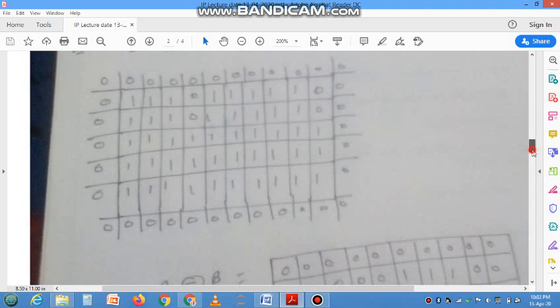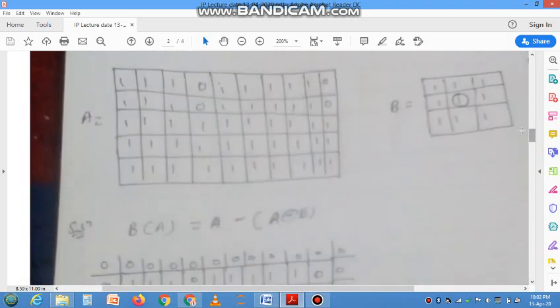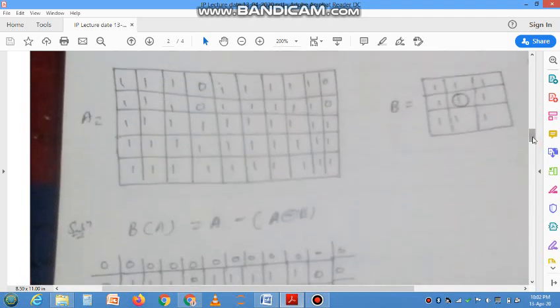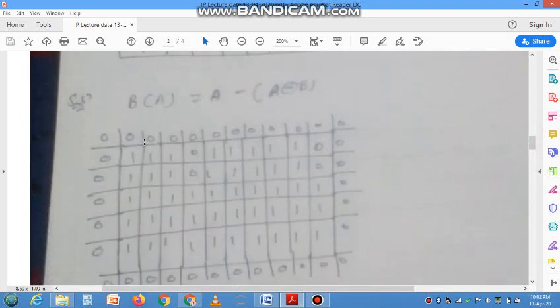In order to do this, we put this 3 by 3 mask on the padded image in such a way that the first element of the given image, that is first row, first column, should be at the center. The first element is 1 of the given image.